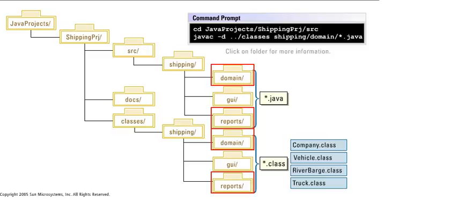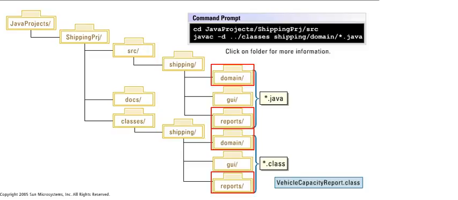So then, when we go to compile, we will make sure that we are in the source directory of the shipping project. And we will issue the javac command with a -d option. The -d option specifies what directory you want your output class files to be placed into. So in this case, we want them to be placed one level up to the shipping project and then down into the classes directory. So we will use the ../classes path.